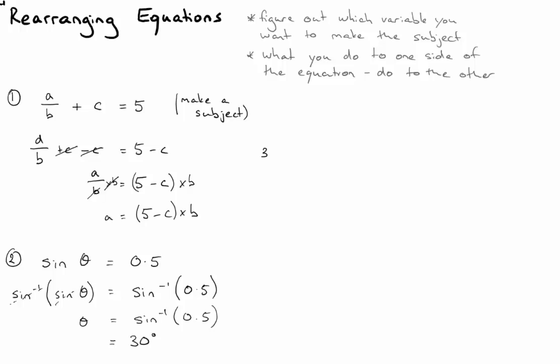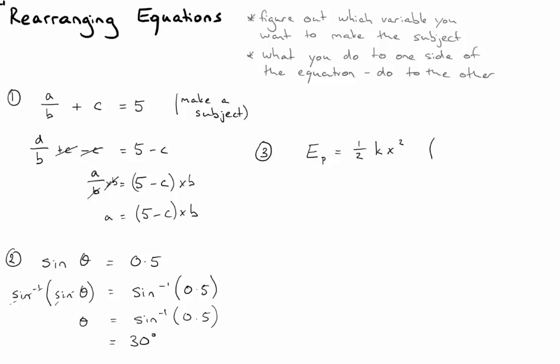Okay, the third example here is for this equation. It's the potential energy stored in a spring, which is 1/2 times the spring constant times the extension of that spring to the power of 2, so extension squared.